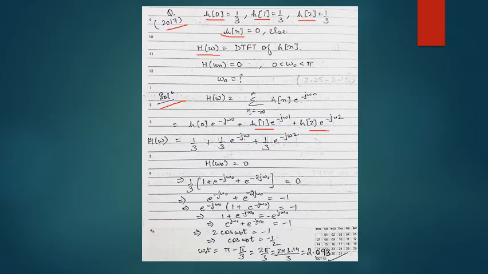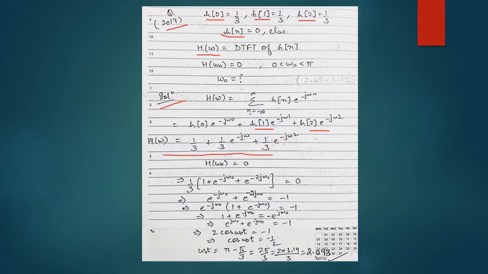So this is the value of the complete H of omega. Now we can substitute the values of the signal as given in the question. It was 1 by 3 for all the 3 points, so we put 1 by 3 in all the 3 places. So the final result of H of omega we get as this one.